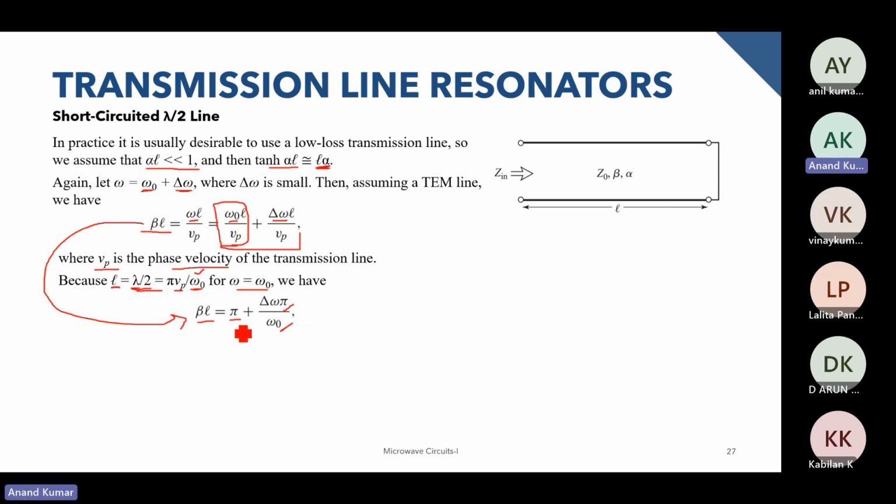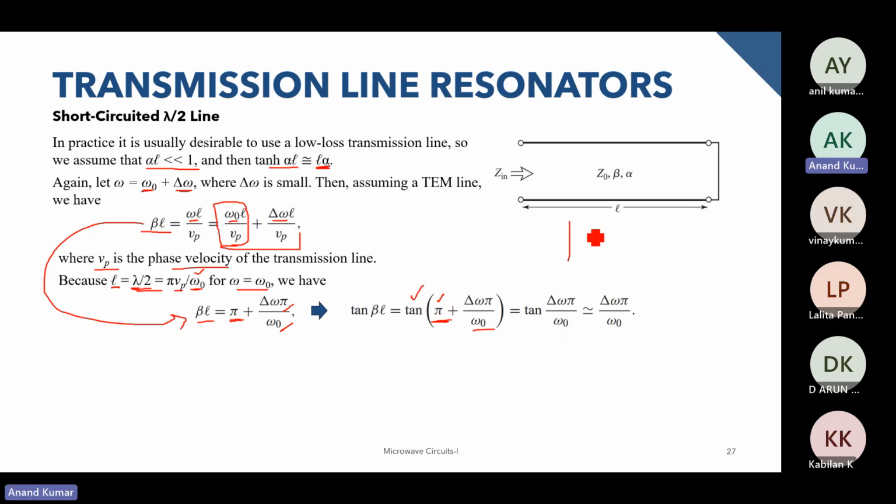So now we have beta L as pi plus pi delta omega by omega naught, and we can write tan beta L as tan of pi plus pi delta omega by omega naught. This pi shift in tan does not affect the tangent value, since tan is periodic by pi.